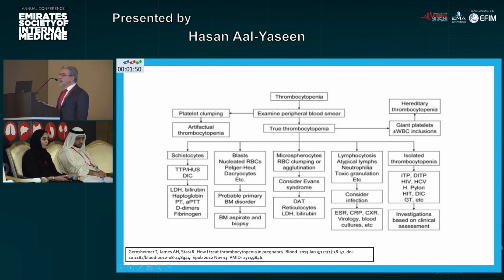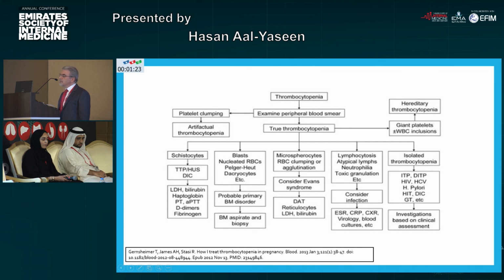If you have anemia in addition to thrombocytopenia and evidence of hemolysis, then you are probably dealing with Evans syndrome, in which you have immune thrombocytopenia and immune anemia. If you have in the peripheral blood what suggests infection, like lymphocytosis or toxic granulation, then consider infection and do the septic workup and virology screen.